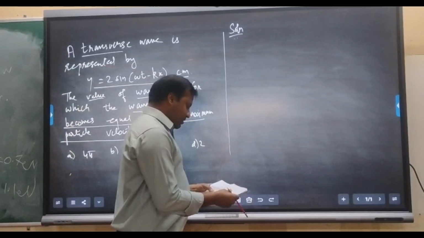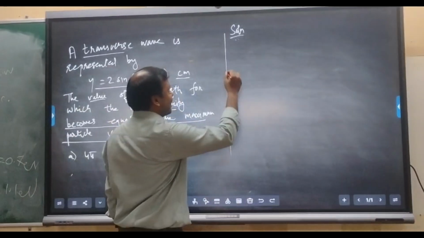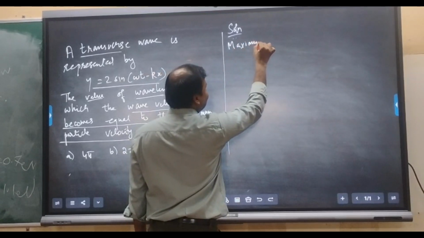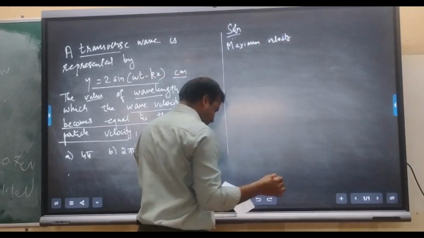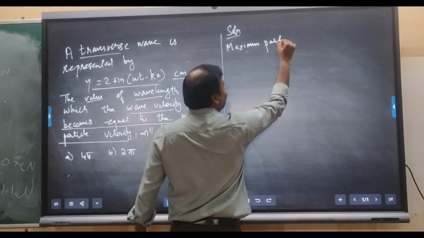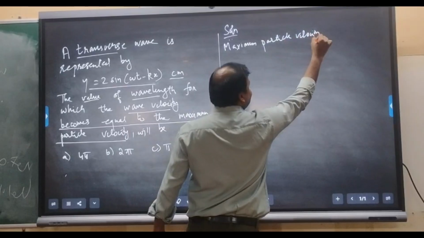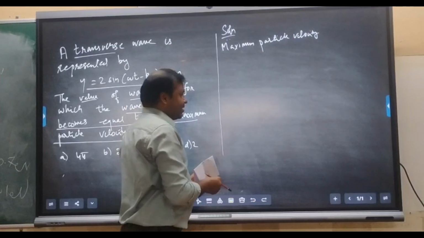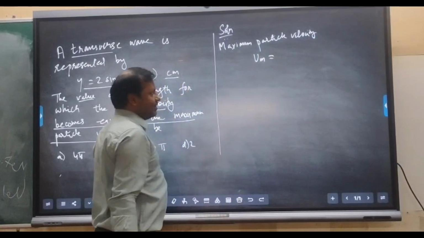To solve this, we will write the maximum velocity of the particle. I will call the maximum particle velocity Vm.